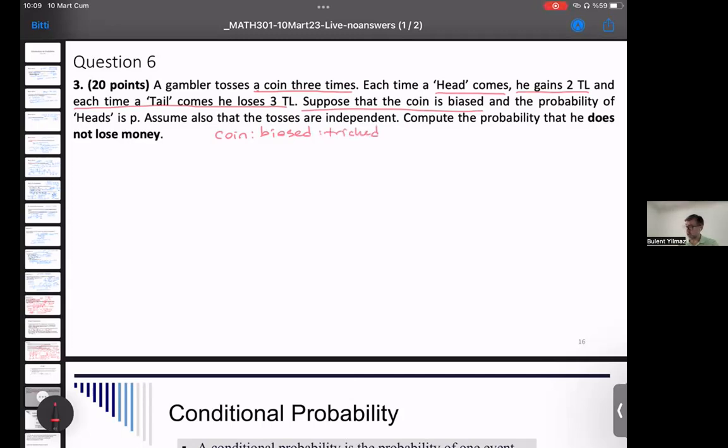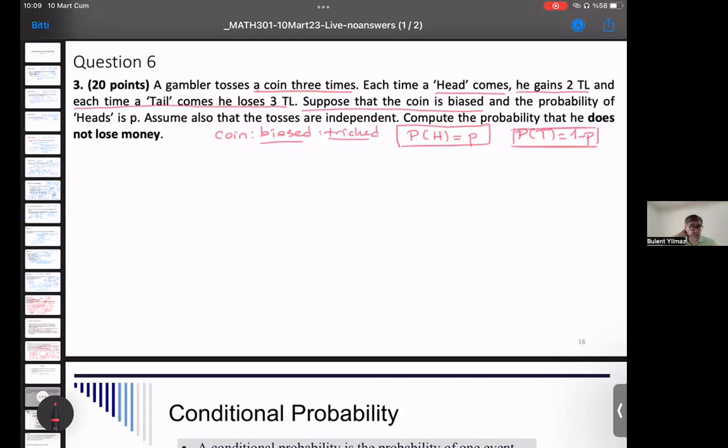So the probability of obtaining heads is P. So it's not 0.5. Normally, obtaining heads would be 1/2. Obtaining tails would be 1/2, right? If the probability of obtaining heads is P, what's the probability of obtaining tails? 1 minus P. Exactly. It's going to be 1 minus P.